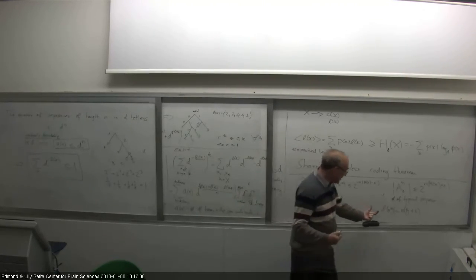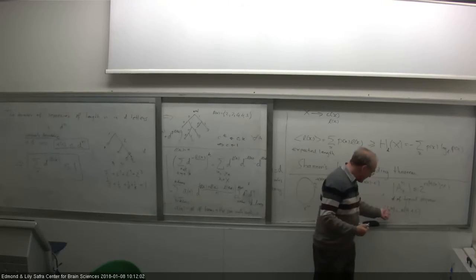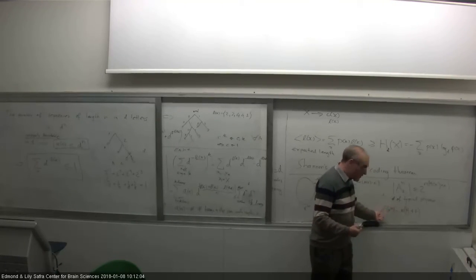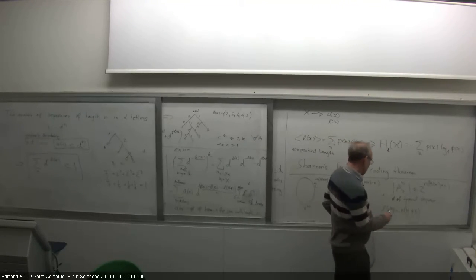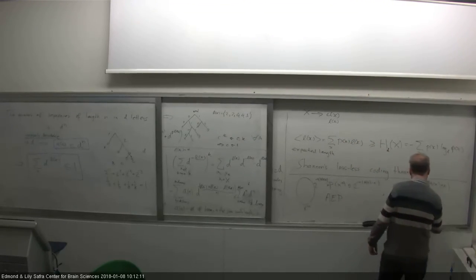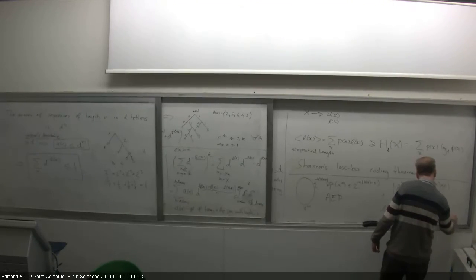For large n, I can do it with this, which means that on average, when I divide this by n, this will be just H. So this implies that 1 over n times L of X^n is of order H plus epsilon. Okay.